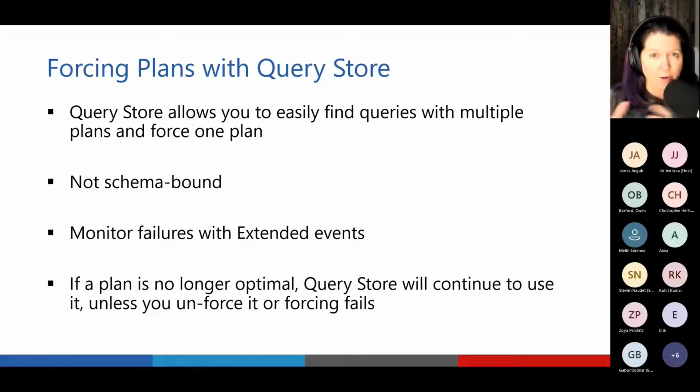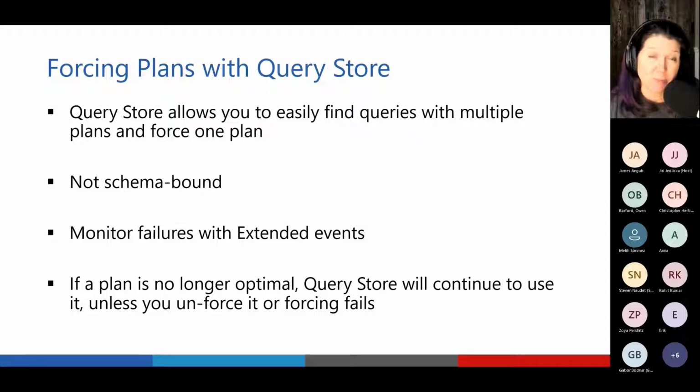There is no process in there with manual plan forcing where the optimizer goes, oh, I see that you have this plan that's forced, but there's actually a better plan and we should use that instead. There's no logic in there. So you have to, again, pay attention to what's going on with plan forcing, because it's not just a set it and forget it. Your database is a living, breathing entity, and the data in it changes, right?